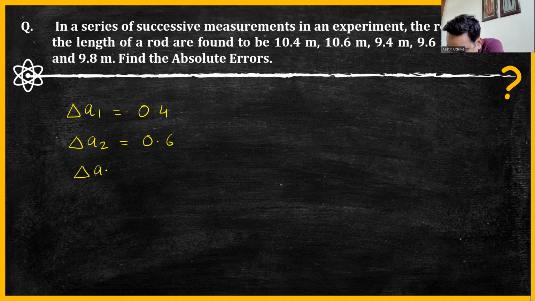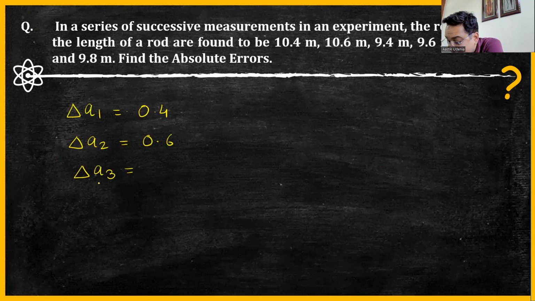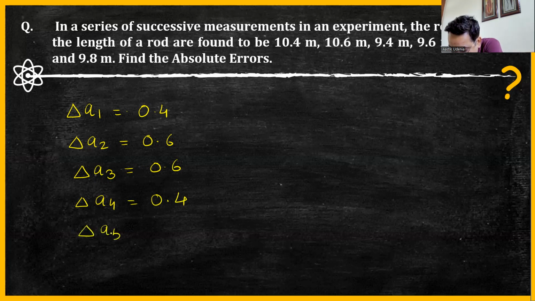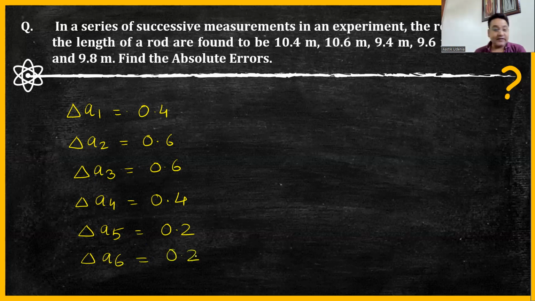In the third case, the error is 0.6 minus, which only indicates that I will get less value. In the fourth case, it is 0.4 minus, which indicates that I got less value. In the fifth case, 0.2 plus. In the sixth case, 0.2 minus, in this case I get less value. Do we understand this? Yes, sir.